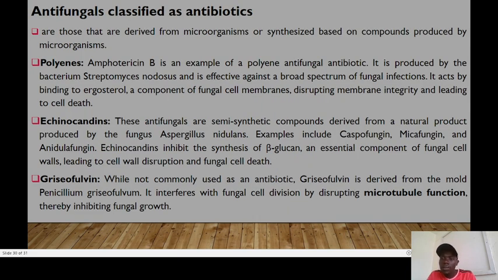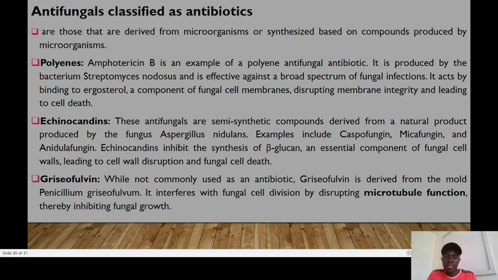We have some antifungals that are classified as antibiotics, and these are those derived from microorganisms or synthesized based on compounds produced by microorganisms. Examples are the polyenes, the echinocandins, and griseofulvin. We normally abbreviate it as PEG. Amphotericin B we have already talked about.